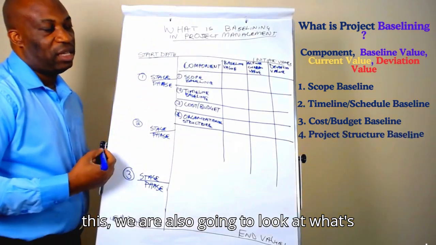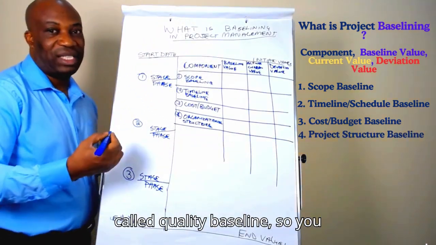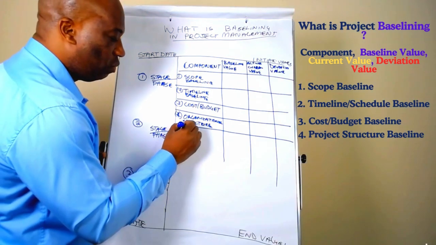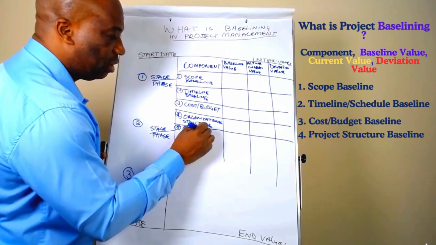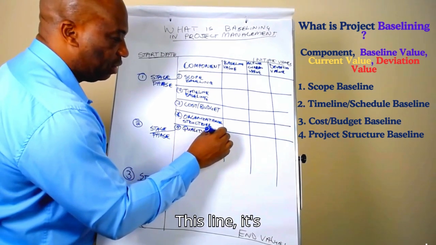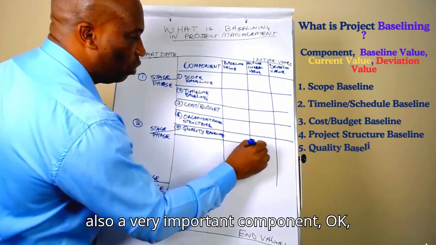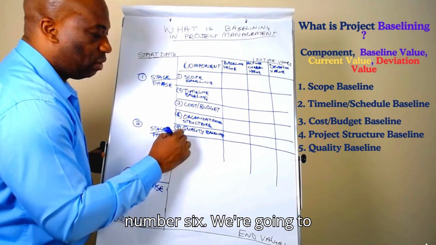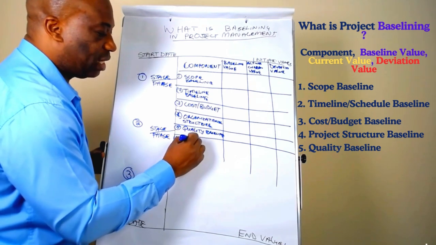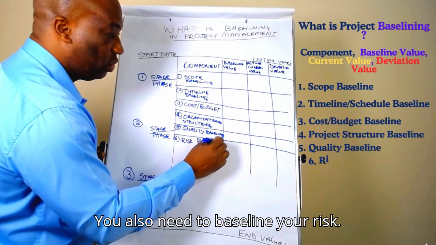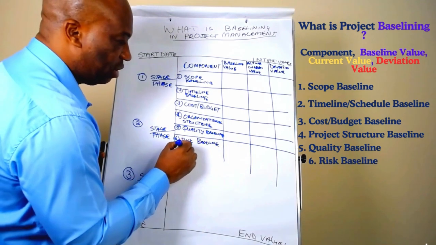After this, we are also going to look at what's called the quality baseline. So you also need to put your quality baseline. It's also a very important component. Number 6, we are going to look at what is called a risk baseline. You also need to baseline your risk.